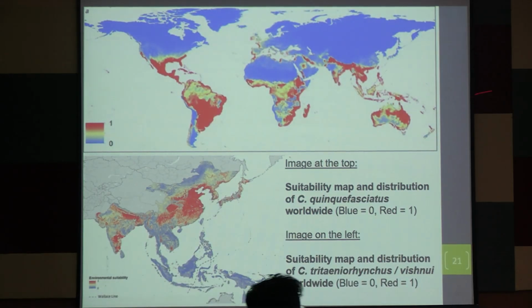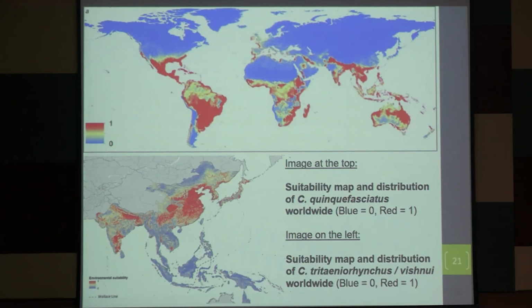Also, these red areas are where we find Culex quinquefasciatus. That means our West Bengal, northeastern India and also the Eastern Ghats range, and obviously Sri Lanka, Southeast Asian and Pacific countries, parts of South America and Australia.